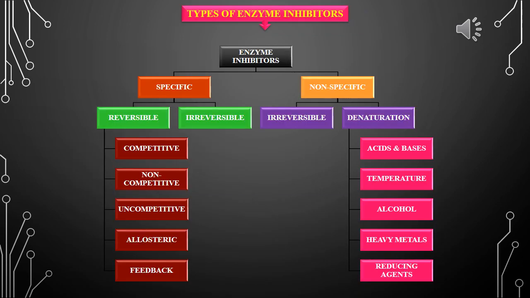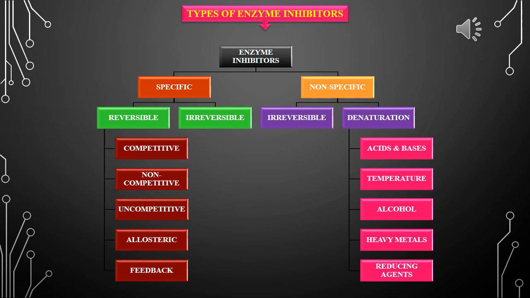Coming to types of enzyme inhibitors, there are specific and non-specific inhibitors. Specific inhibitors are reversible and irreversible. In reversible, the enzyme action can be reversed. In irreversible, once the product is formed, it cannot be reversed. Likewise, non-specific inhibitors are also of two types, irreversible and denaturation.